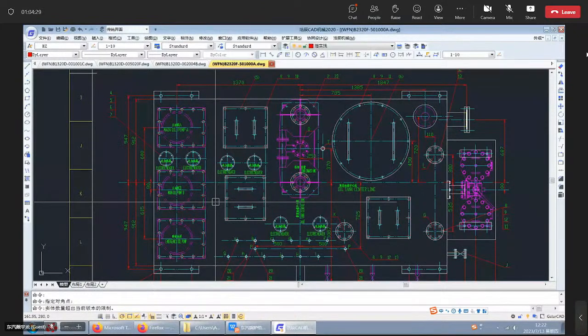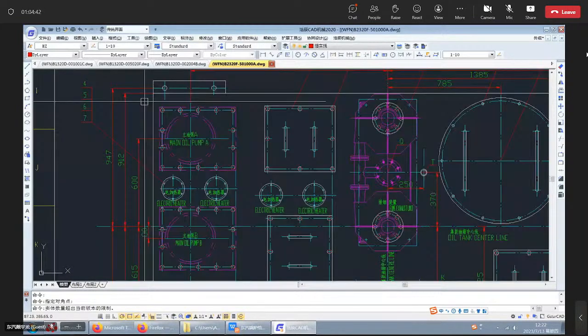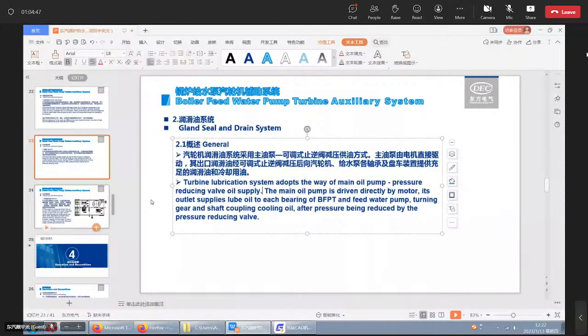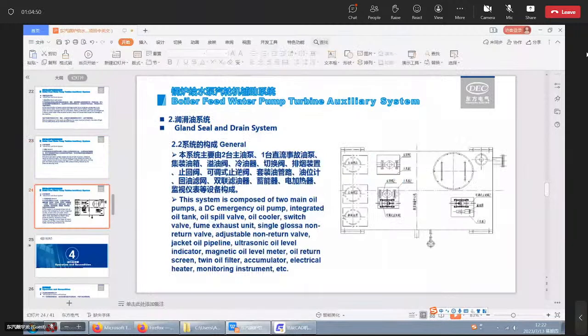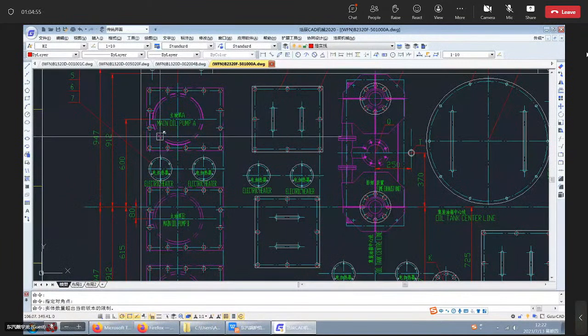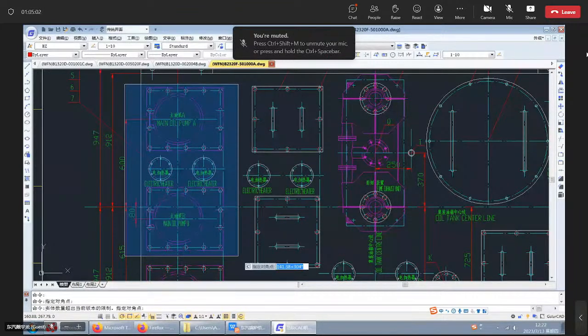The major part of the devices are all arranged on the main oil tank. This area here is the installation position of the main oil pump and the electric heater.